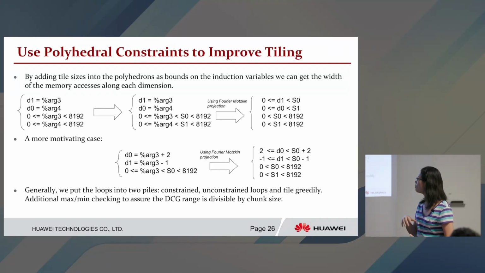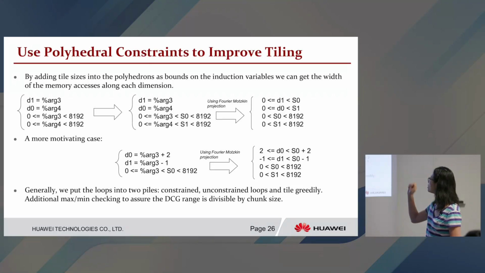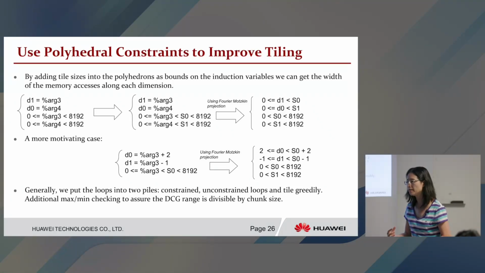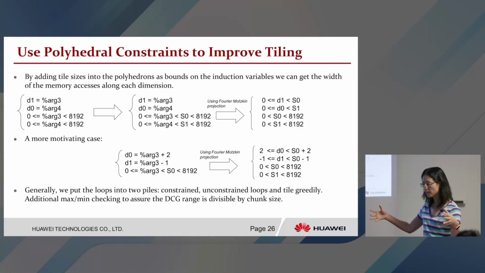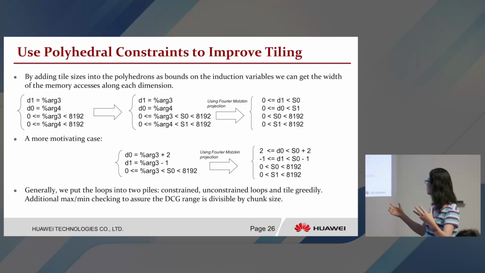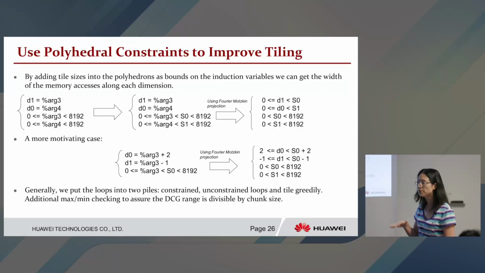So we dug into the polyhedral constraint mechanism that underlies the affine dialect. We make good use of the Fourier-Motzkin projection mechanism to let you project constraints, thereby telling you the aggregated range of the DMA that you can do. The work led us to use certain facilities that are already available in the affine dialect.